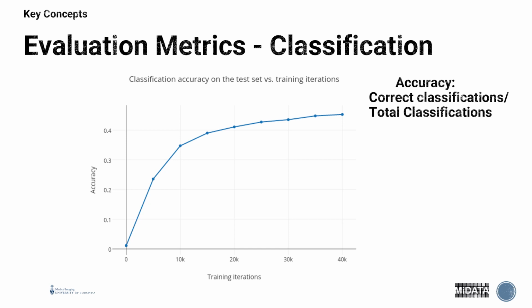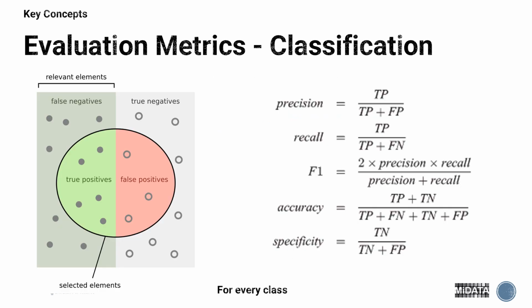And how do we calculate accuracy? In this case, it's very simple. It's the number of total correct classifications over the number of total classifications. Now, you will remember from your medical student days the lecture on diagnostic accuracy, where you took a 2x2 table and calculated sensitivity, specificity, positive predictive value, negative predictive value, odds ratio, relative risk, all that fun stuff.